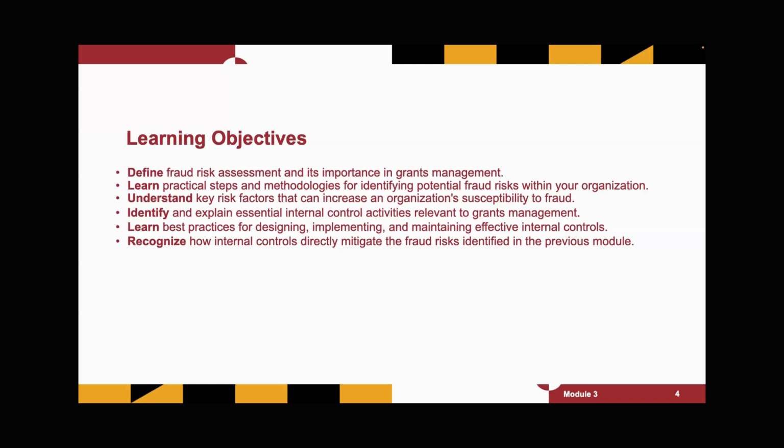We're also going to learn best practices for the design, implementation, and maintenance of effective internal controls and procedures. We're also going to recognize how those internal controls and procedures that we employ directly mitigate and prevent the risks associated with fraud identified in our previous module.